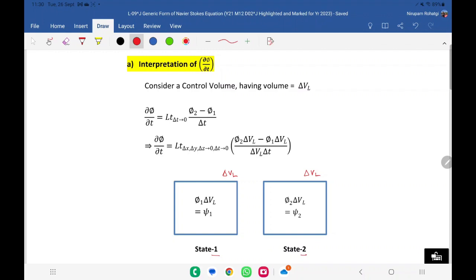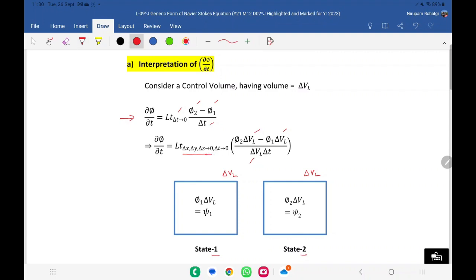Now, if you write del phi by del t is equal to phi 2 minus phi 1 divided by delta t, where delta t approaches 0. Normal. Now, what you can do, same thing, you can multiply it by delta VL up and down, divide by delta VL, and put this limit also equal to 0.